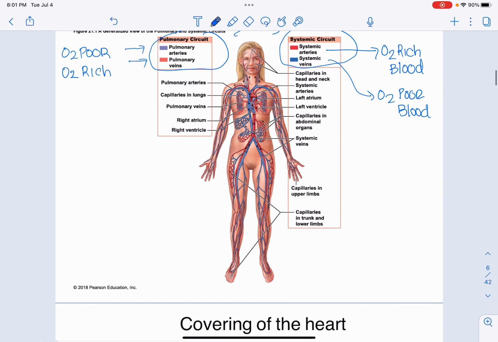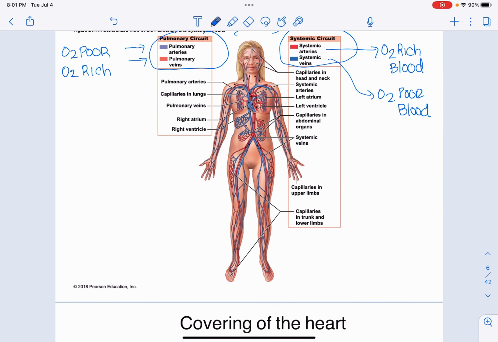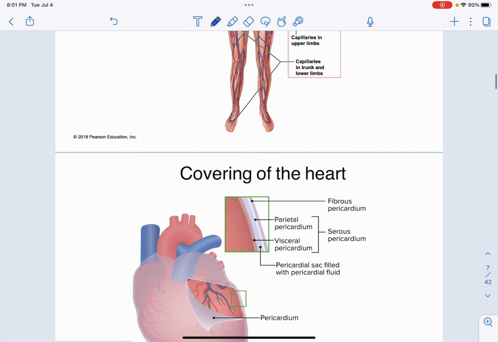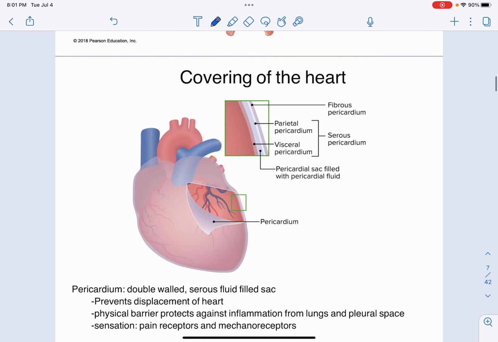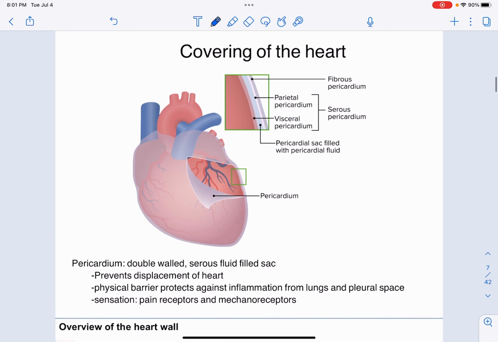All right, before we get into circulation and how blood is flowing through the heart, we do need to talk about some other topics. And one of these you've seen a little bit about, but we've talked a little bit about this before, where we've talked about the serous membranes that cover the heart. But we're going to revisit that and go into just a little bit more detail about that.